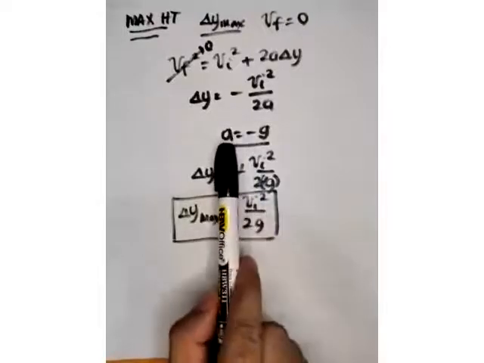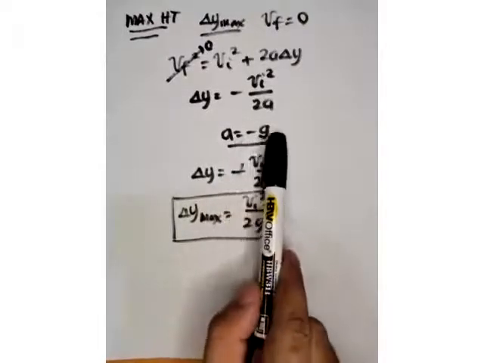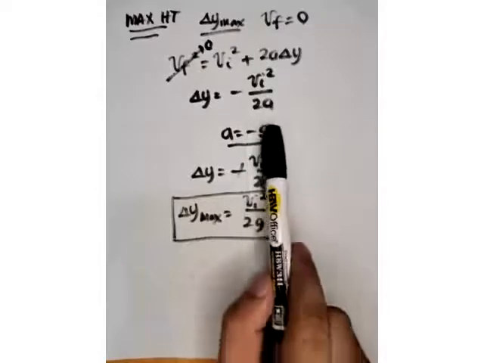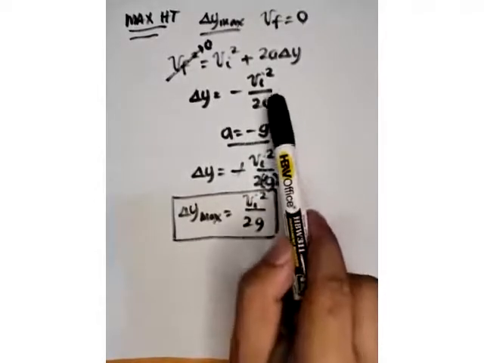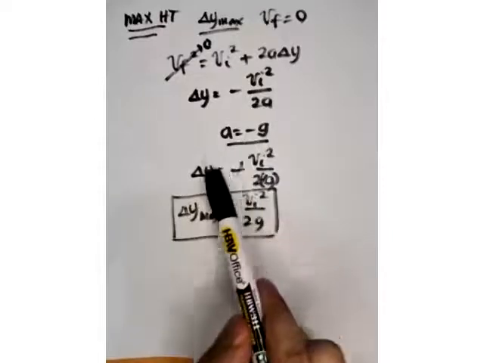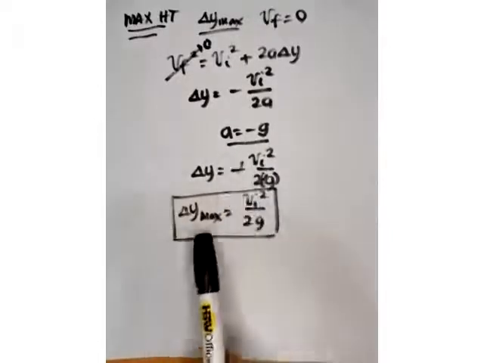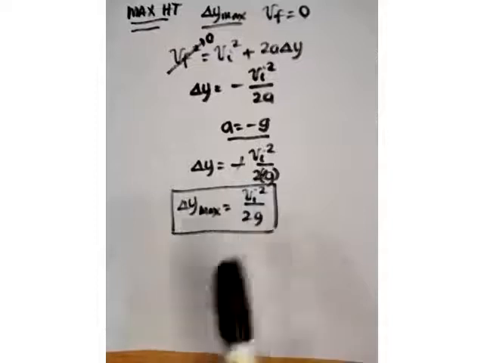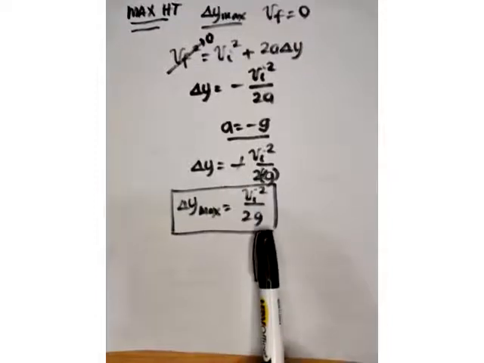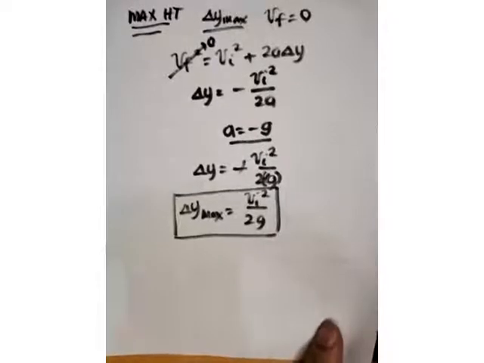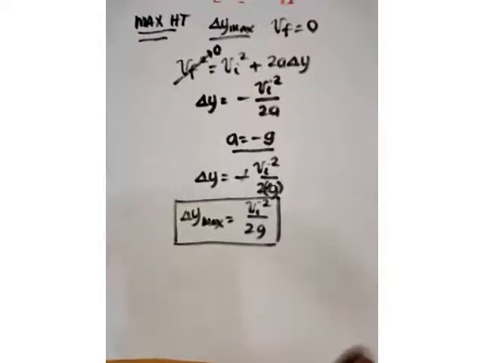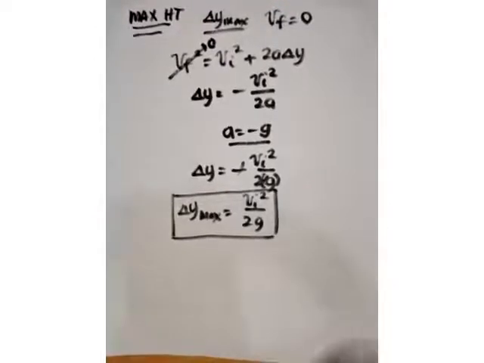Since our a is equal to negative g, wherein g is the magnitude of the acceleration due to gravity, 9.8, we substitute it in this formula and the negative cancels. So our y max is equal to vi squared over 2g. You don't have to use this; you can just derive it, as long as you know the property of our object once it reaches its maximum height.